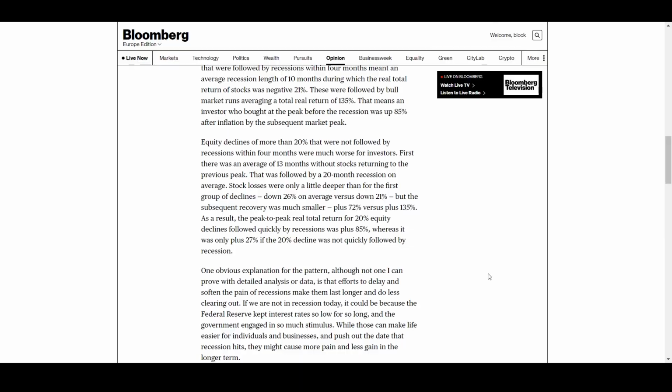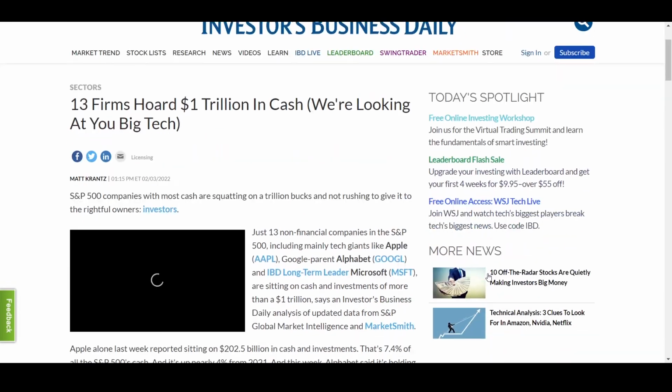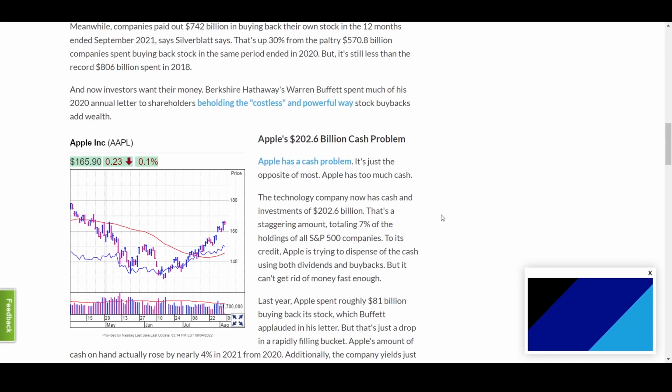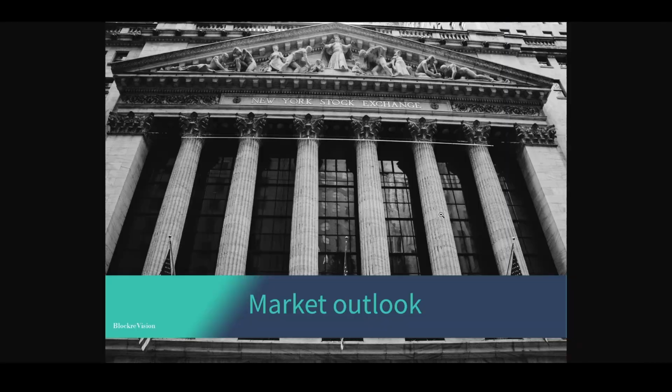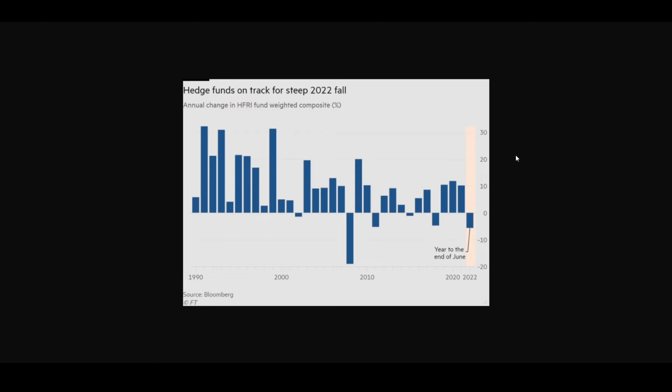There's no free lunch and we may still be heading into some economic difficulties. In terms of market outlook, revision breadth is down, and there is some projection that earnings will follow, whereas the market has started to clear itself out, with hedge funds that have already started to bring negative results.